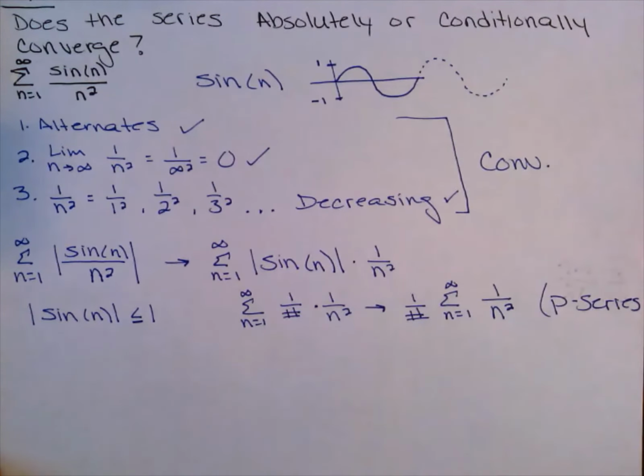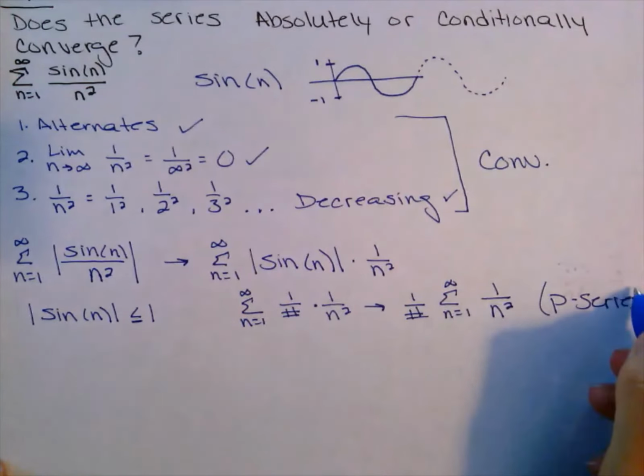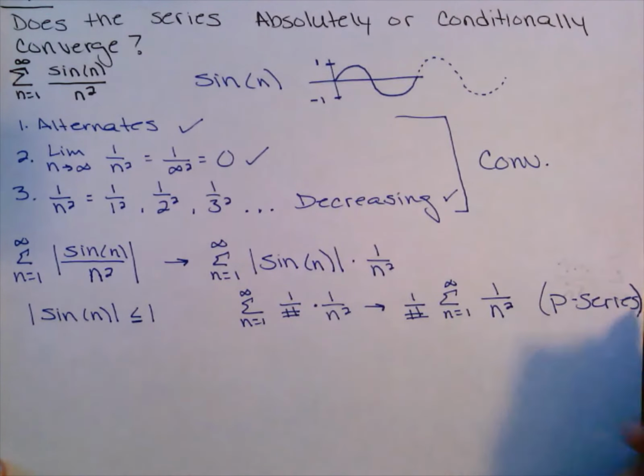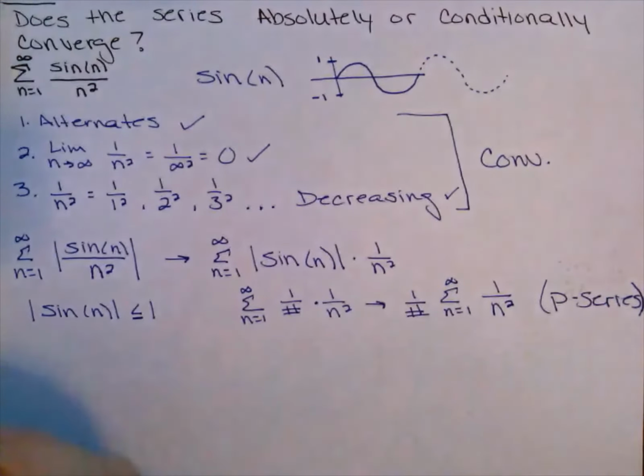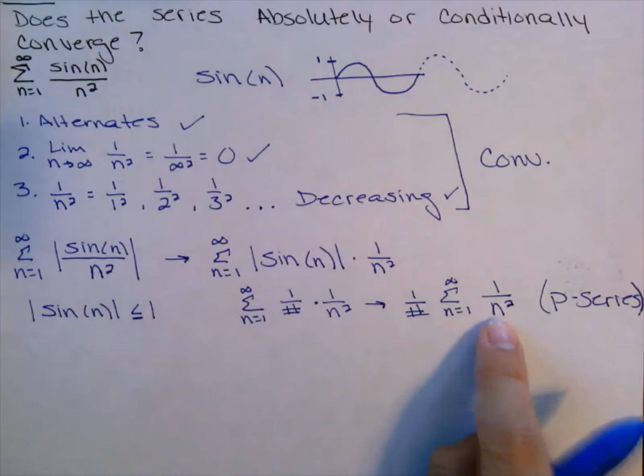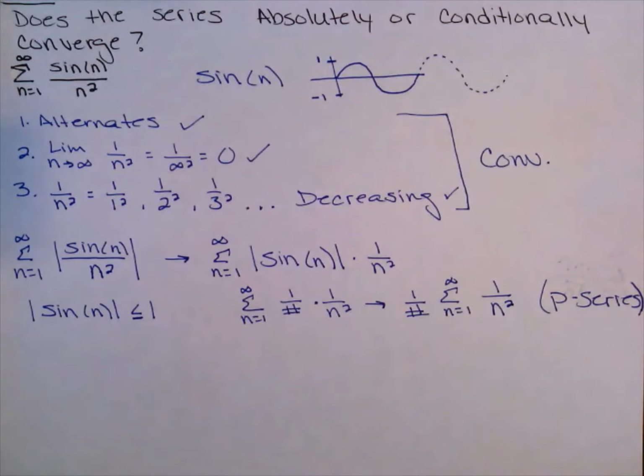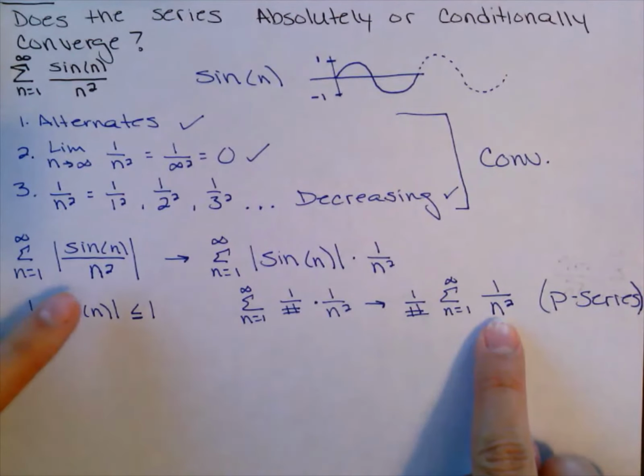Now, if I'm going to compare with this p-series, I'm doing a direct comparison. I'm going to compare it with the original. So if the original is being compared here with 1 over n squared, I can see that my denominators are identical, n squared. So now I'm going to move to comparing the numerators.